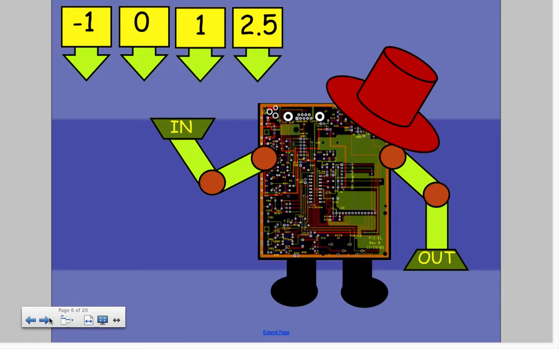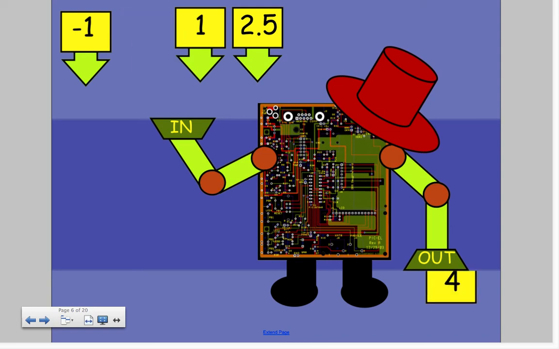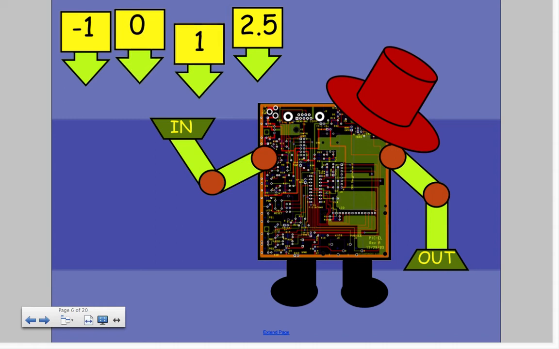All right, the next one is negative 1, 0, 1, 2.5 for our inputs. So let's try the first one. So we're going to take negative 1, take it out, you get 4. Okay, so when you put it in, it's 4. When you put 0 in this time, you get 4. Okay, when you put 1 in, you get 4.